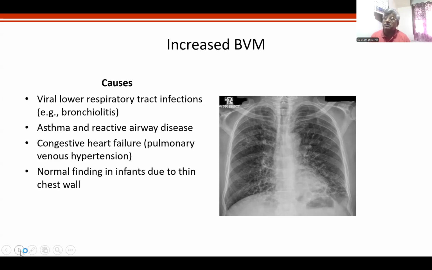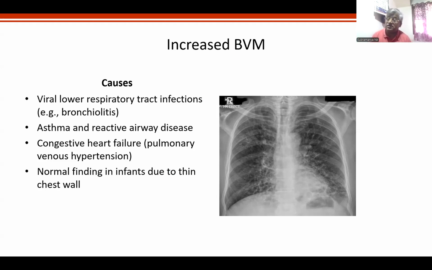And you can also see some of the allergic diseases which mimic on X-ray a viral LRTI, like asthma and reactive airway diseases. You also have situations like congestive cardiac failure and some normal findings due to thin chest wall. All this can cause what is called increased bronchovascular markings. This is one of the common findings in viral LRTI.